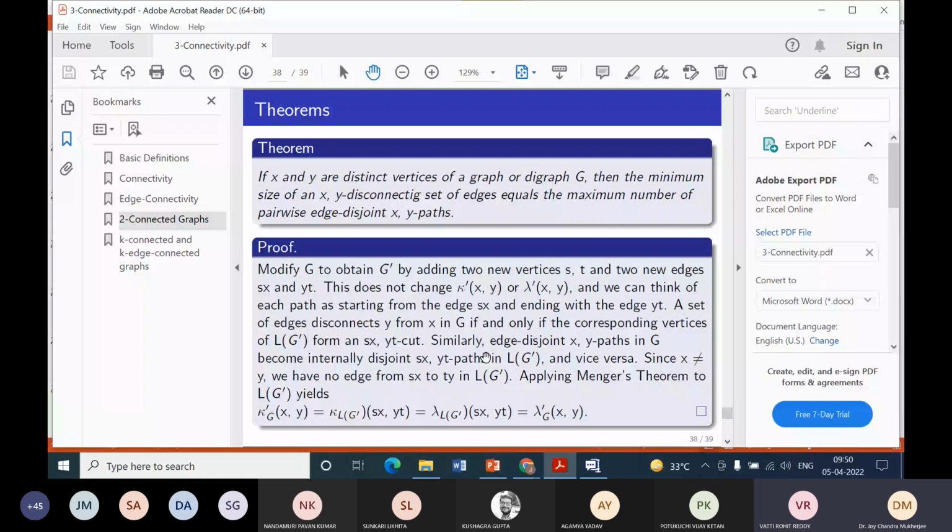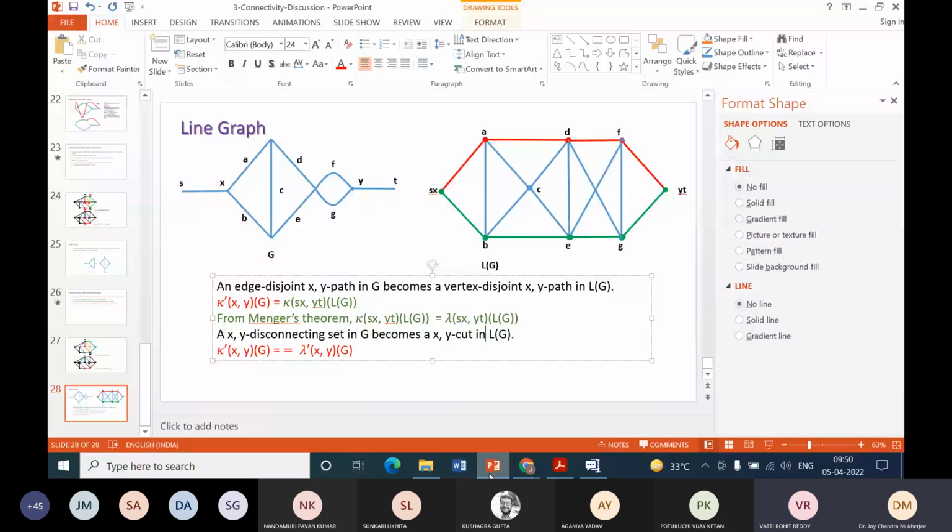Now, what is chi prime? Basically it is edge disjoint paths. So it becomes a vertex disjoint path in LG.